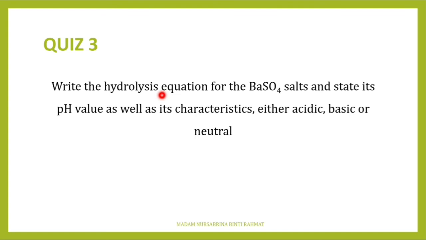So the ions that come from a weak acid or weak base become a conjugate acid or conjugate base. These conjugate pairs will hydrolyze again in water, and whatever products they yield, either H3O plus or OH minus, will determine the final pH of the salt. So try to answer this quiz 3 and then submit it in the Google Classroom.